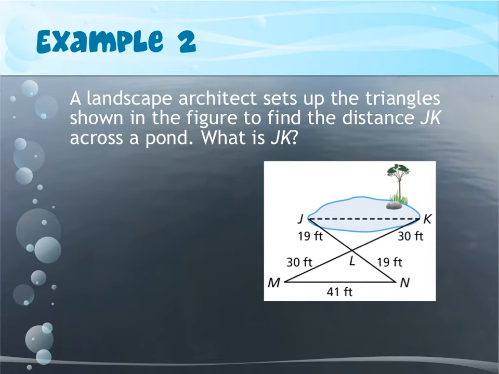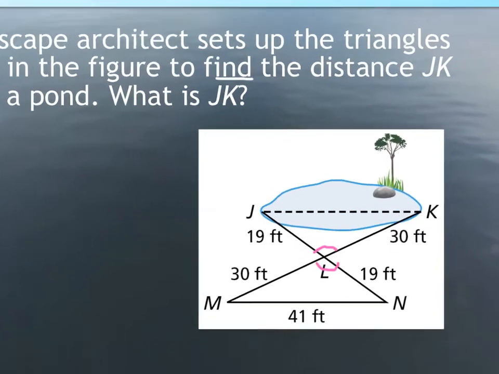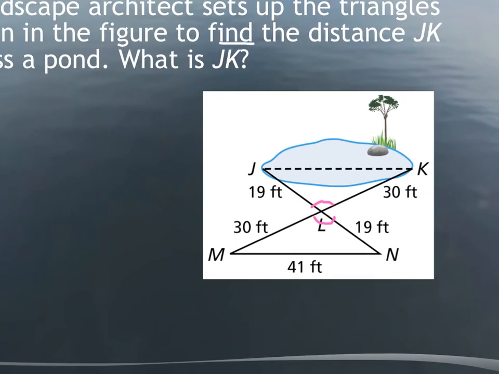Okay, example 2. A landscape architect sets up the triangles shown in the figure to find the distance JK across a pond. What is JK? Do we know these two triangles are congruent? Yes. How do we know? Because of vertical angles. What postulate or theorem do we use to determine these two triangles are congruent?